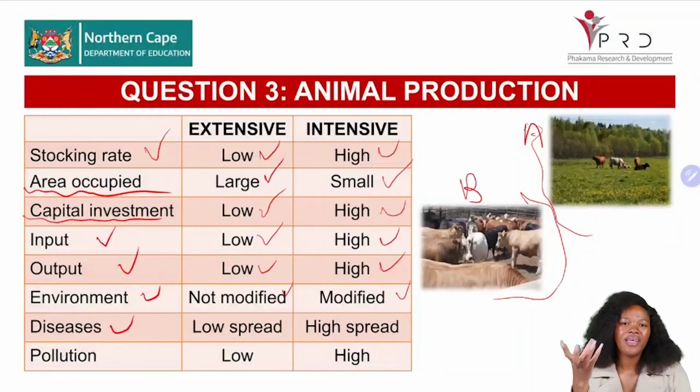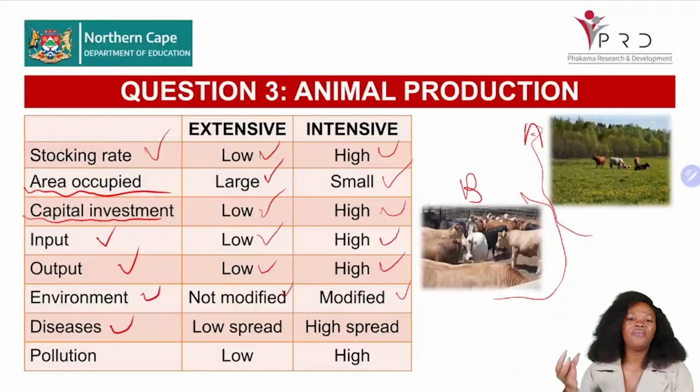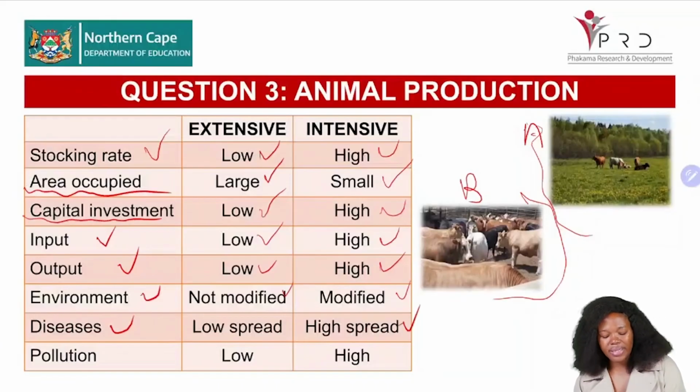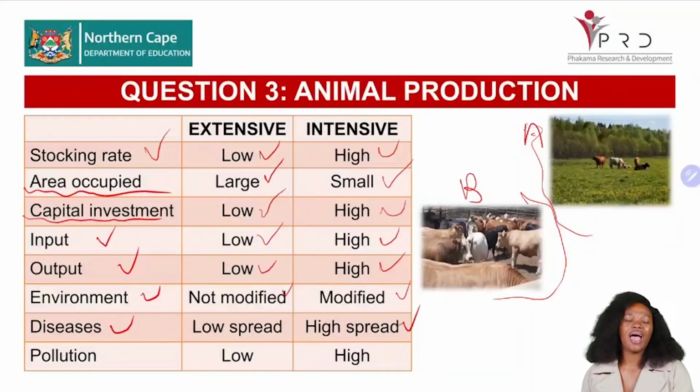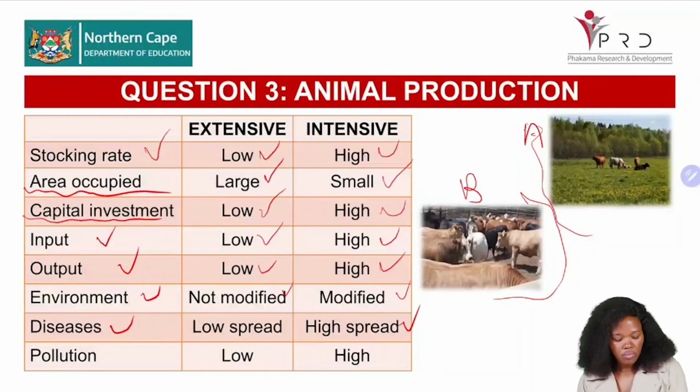Under extensive, there are few animals on a large piece of land. There is less spread of diseases. While under intensive, there is a larger spread of diseases due to the fact that there is a large number of farm animals on a small piece of land or in an enclosed area, an environment that is modified.